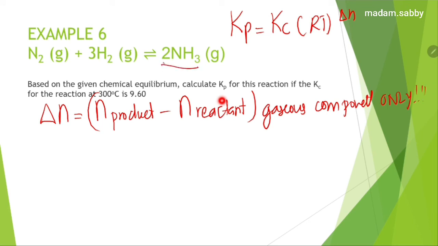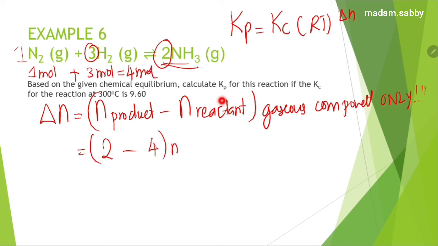In my product I have 2 moles. So 2 minus, in the reactants, 1 mole from nitrogen plus 3 moles from hydrogen, so in total 4 moles. So 2 minus 4 moles, so my delta N is equal to -2.